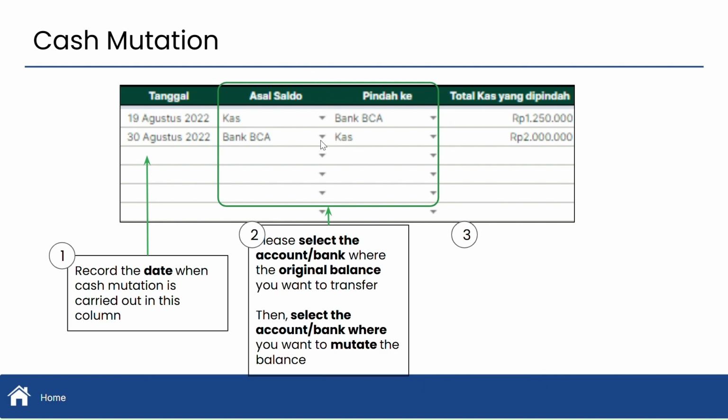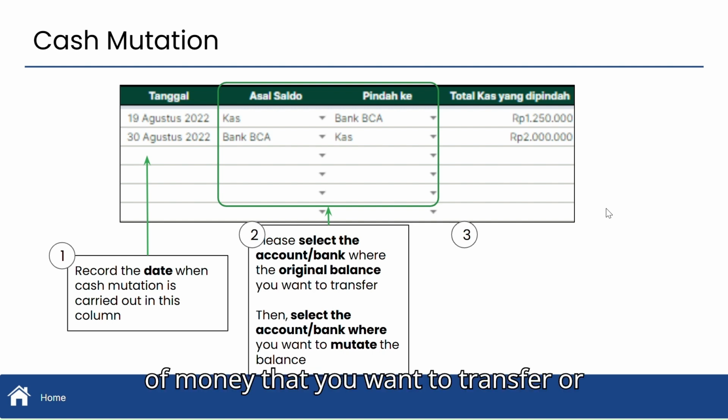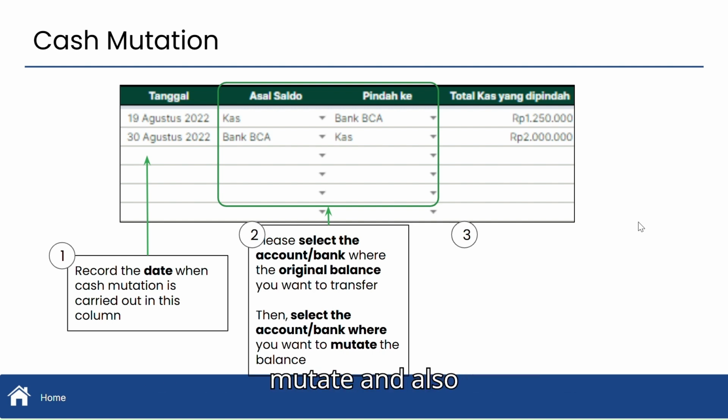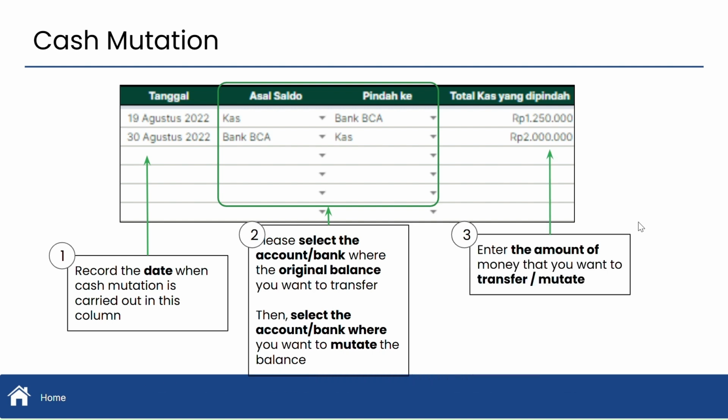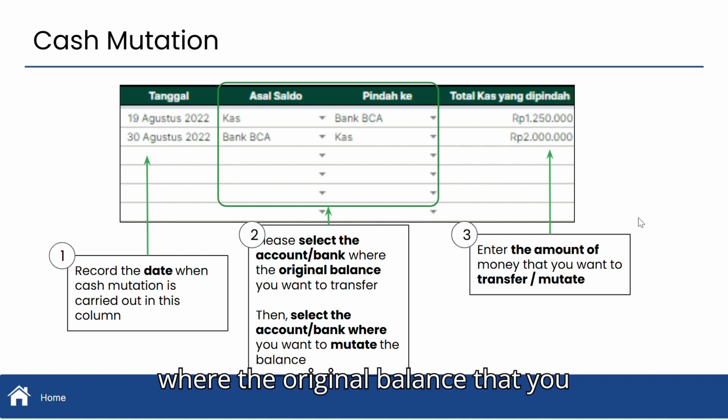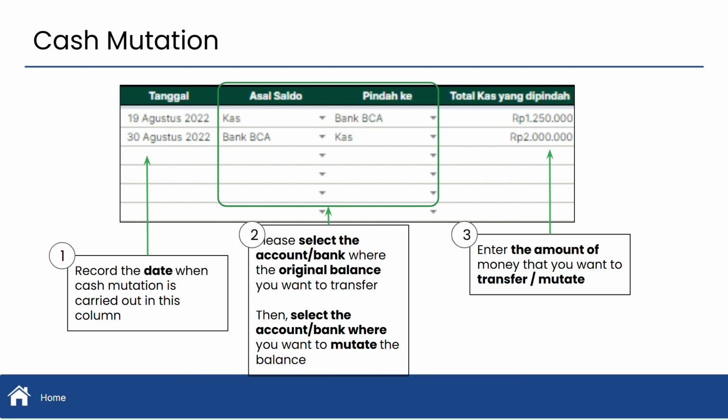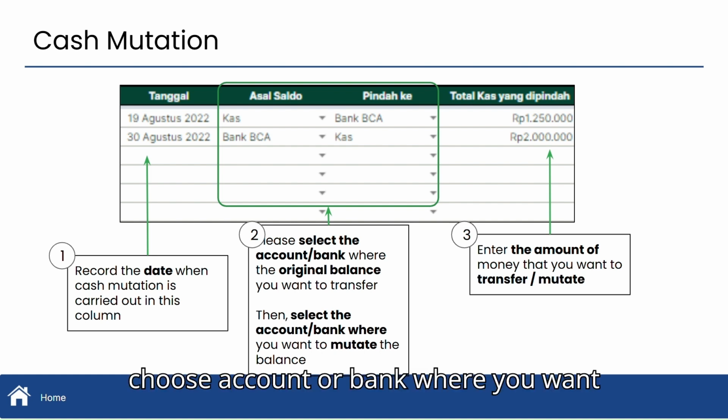Remember, the third is to enter the amount of money that you want to transfer or mutate. And also, please choose the account or bank where the original balance is that you want to mutate, then choose the account or bank where you want to mutate the balance.